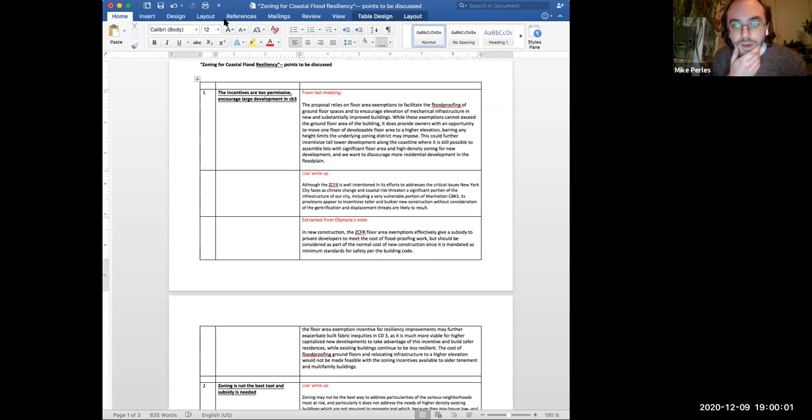But I think for me personally, it seems like this is really geared towards developments that are much smaller in parts of Brooklyn, in places that have very different building typologies than we do.